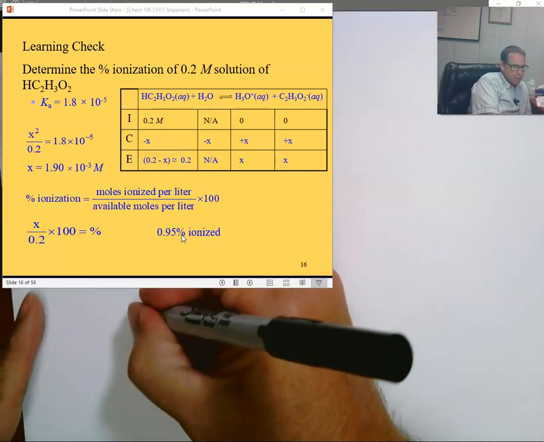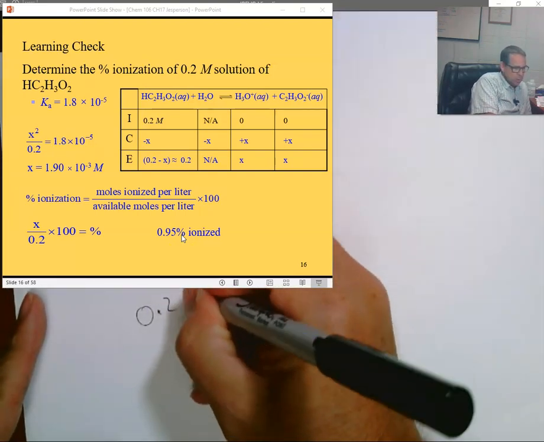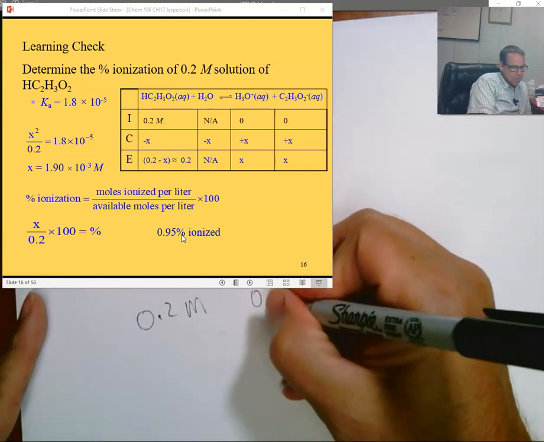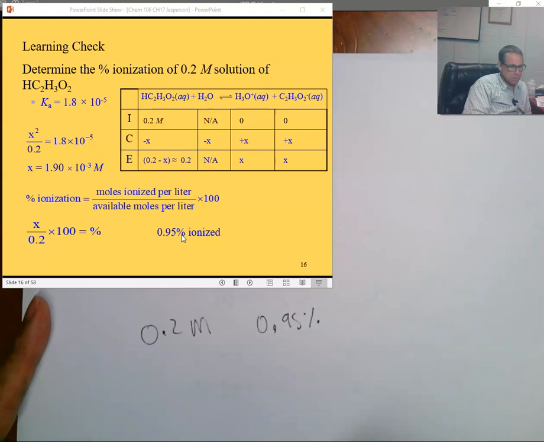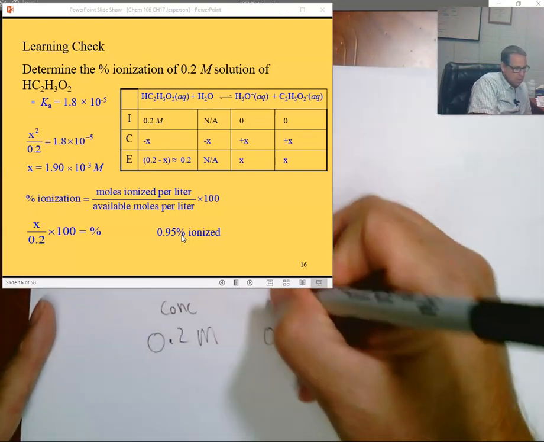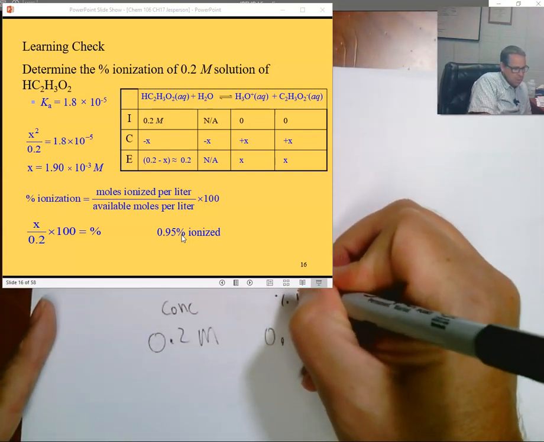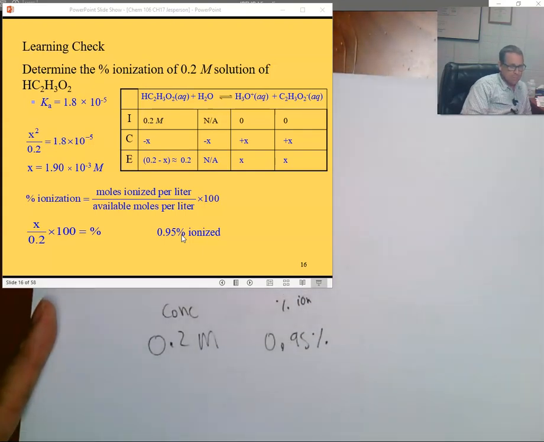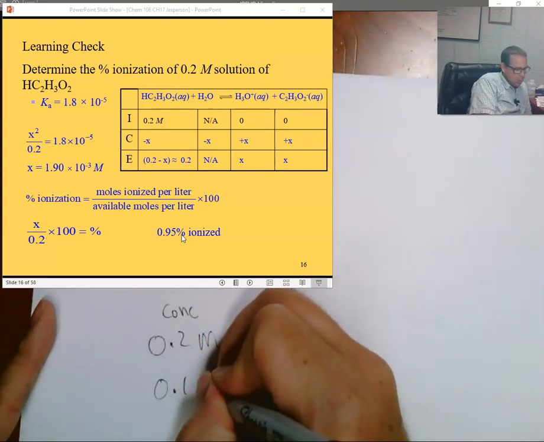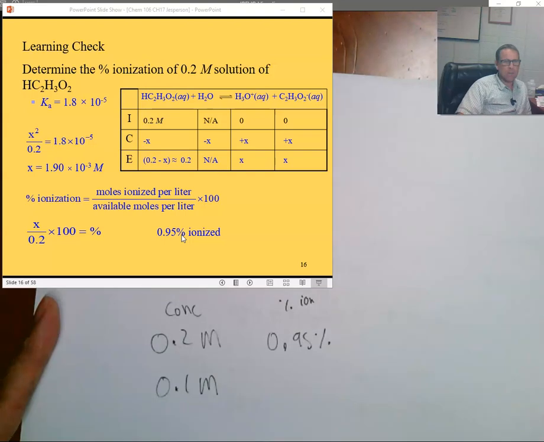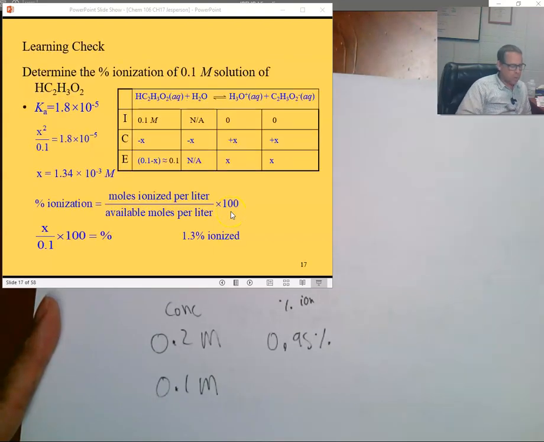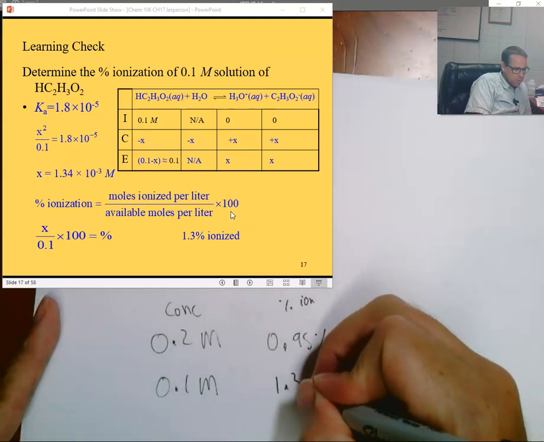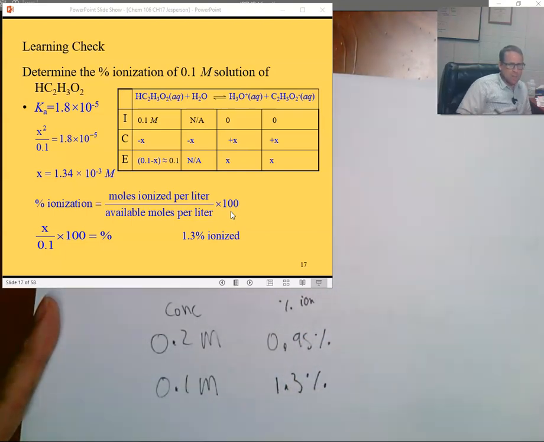If I have 0.2 molar of my acid, then I get 0.95% ionization. So this is the acid's concentration, and this is the percent ionization. If I have 0.1 molar acid concentration, I got 1.3% ionization.